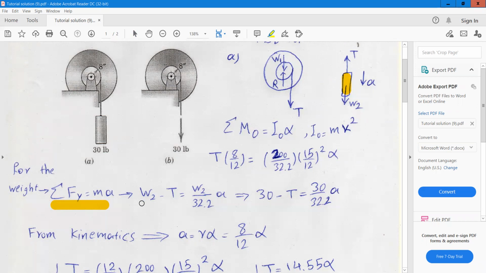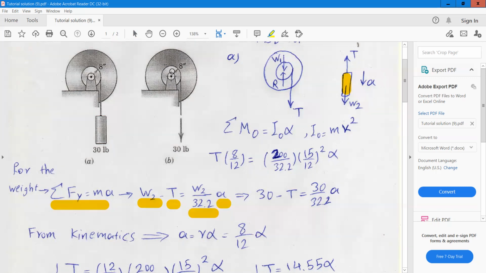So W2 minus T is equal to M times the acceleration. So here we can write that acceleration of this mass is equal to R times alpha, where alpha is the angular acceleration of this pulley, and R is the radius of this pulley, which is 8 inch.